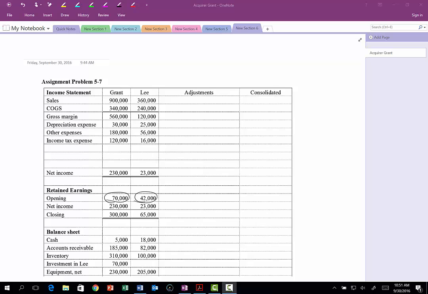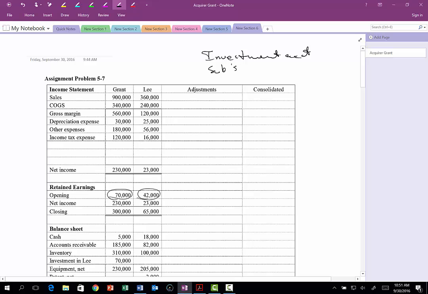All right, so as we start going through and doing our entries, the first thing we need to do is get rid of two things. We always have to get rid of the investment account, and we always have to get rid of the sub's common shares. Because notice, in all of our calculations, at no point do we take those two into consideration.